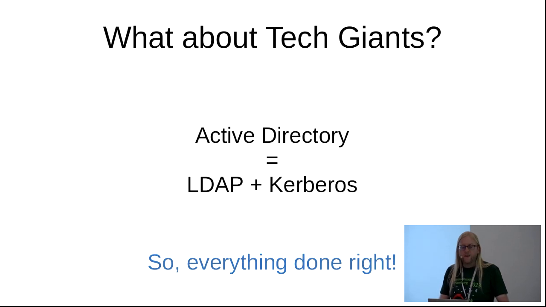And what about the tech giants? This is all hobbyist networks. No professional person would ever use Linux, right? So the tech giants, looking at them, Active Directory. So what is this? It's LDAP and Kerberos and DNS, but basically LDAP and Kerberos.